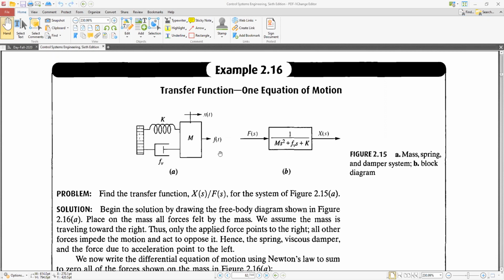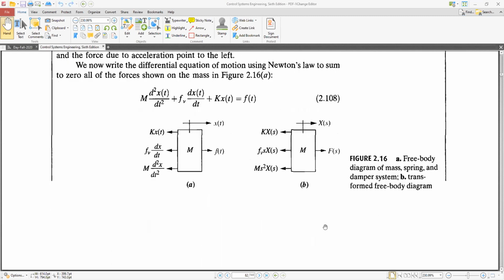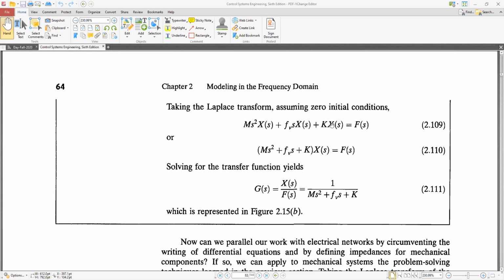Mass is constant, fv is constant, k is constant, and x is the distance. Now write the equation and take X(s) common. So the output X(s) divided by F(s) is 1 over m s squared plus fv s plus k.